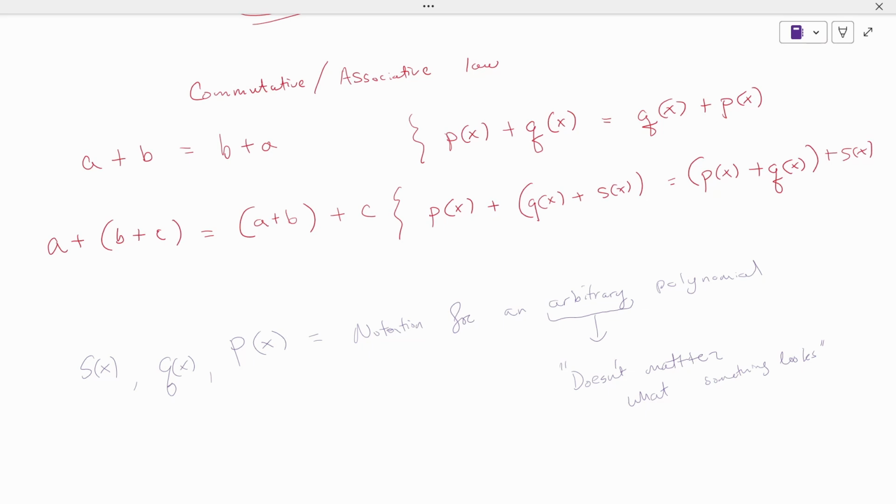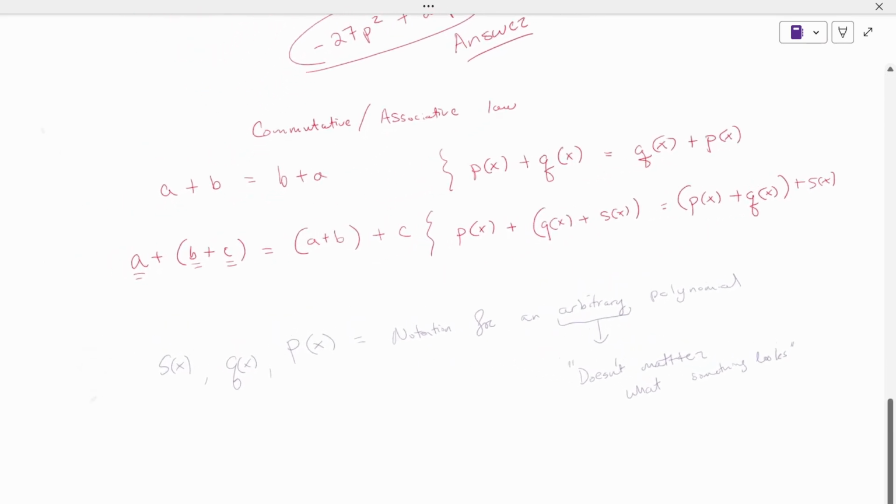In an analogous manner to a, b, and c representing 3 individual quantities, s of x, q of x, and p of x represent individual polynomial expressions. And so individual polynomial expressions may be said to obey the commutative as well as the associative law of arithmetic.